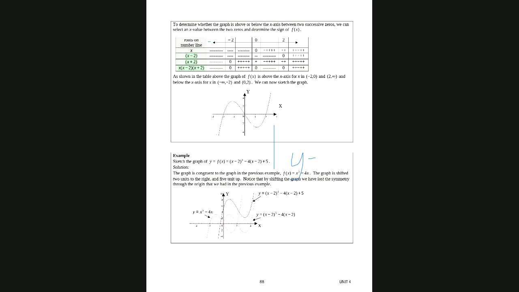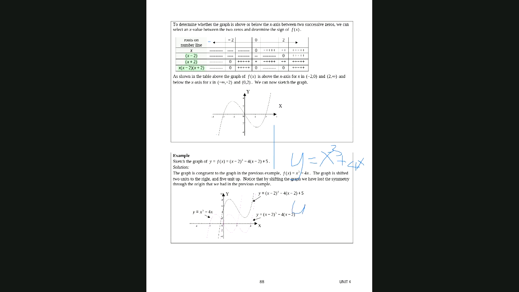y equals x cubed minus 4x. Then you can easily use our factorization.